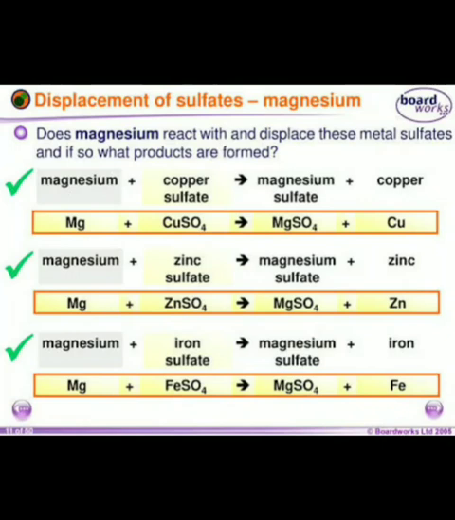Like this, when magnesium reacts with zinc sulfate, you find magnesium sulfate plus zinc. And magnesium reacts with ferrous sulfate to give magnesium sulfate plus iron.